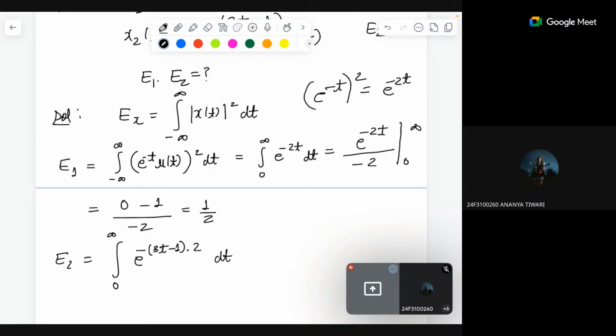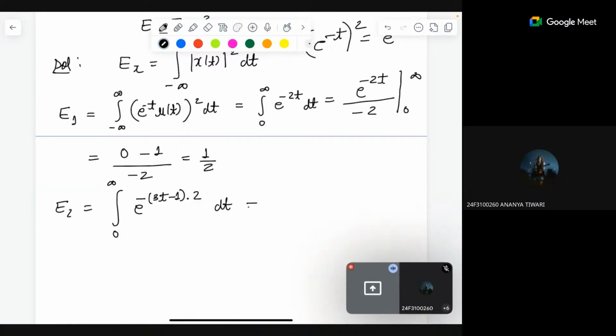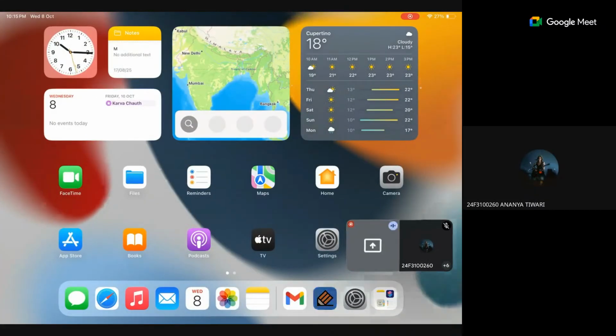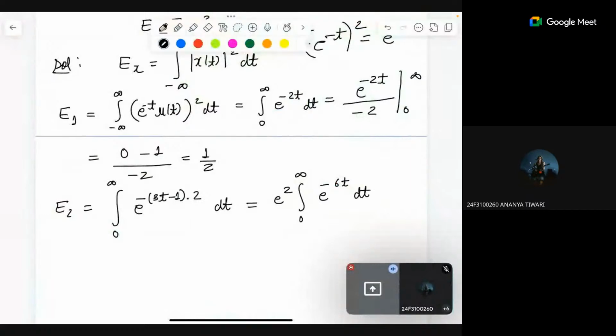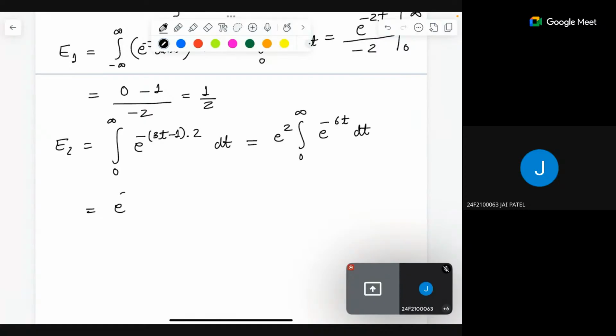So I can write it as e raised to the power of minus 6t, and e square will come outside, it being a constant. Sorry, my screen is visible now. If we calculate this integral, e square times e raised to the power of minus 6t divided by minus 6, 0 to infinity, we will get e square by 6. Is this fine?